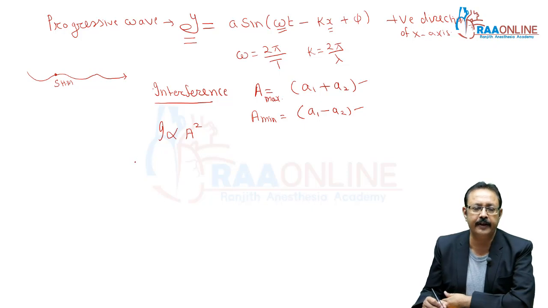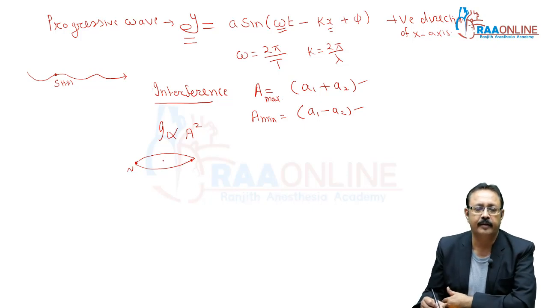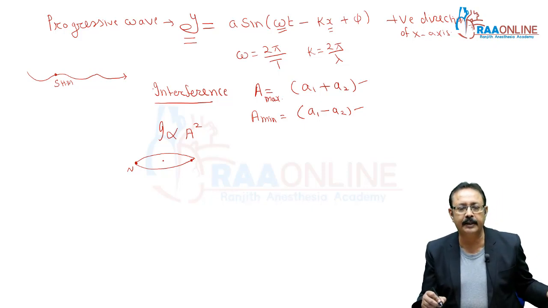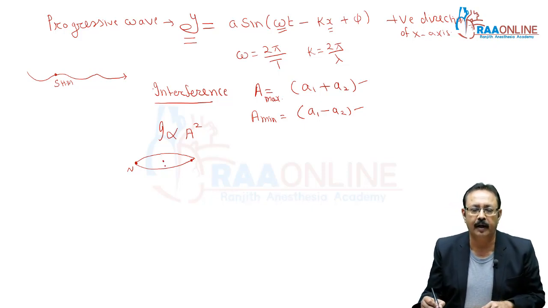In stationary waves, the points where particles are not allowed to oscillate are known as nodes. These are the points of maximum pressure, and the points where particles oscillate with maximum amplitude are known as antinodes.